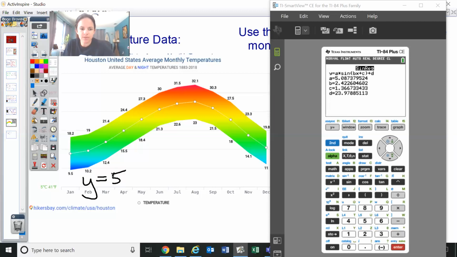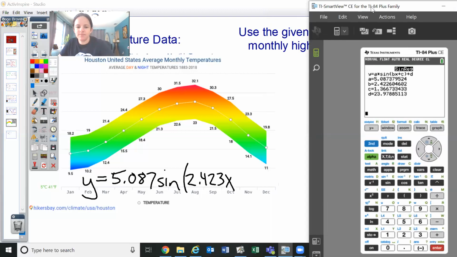But we get y equals 5.087 approximately times the sine of 2.423x without the extra set of parentheses, because we can see in the calculator that that's what it's giving us, plus, not minus, 1.367. And then our principal axis, our d value, would be 23.979.